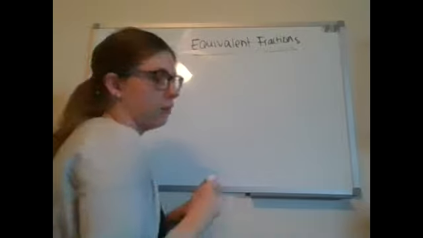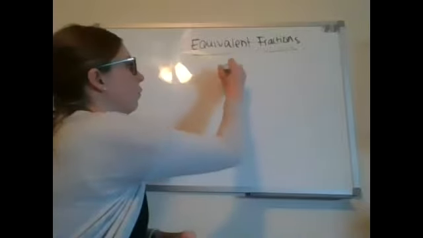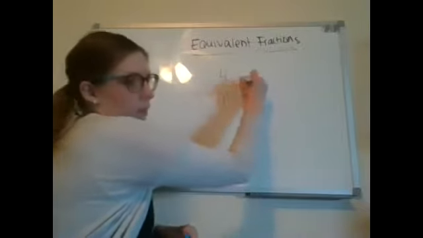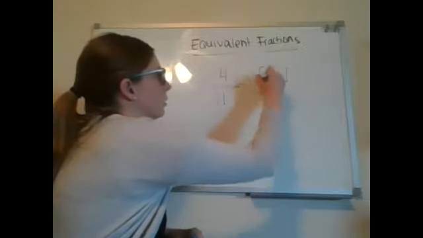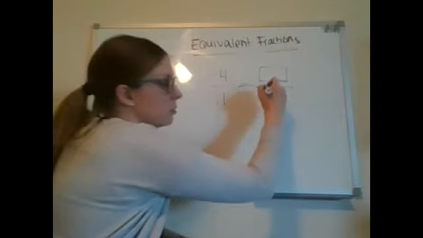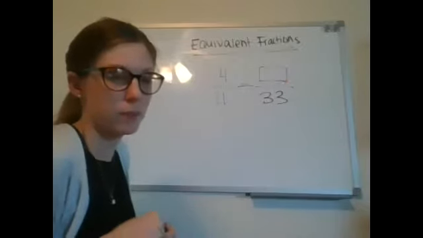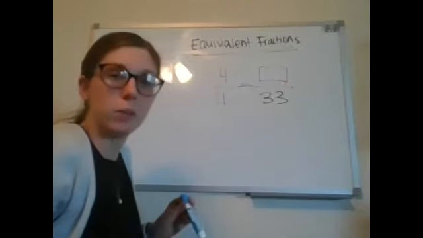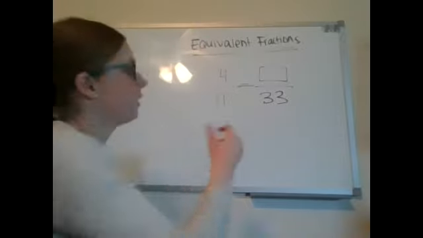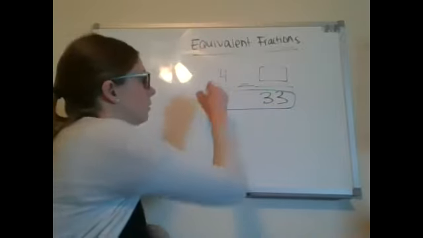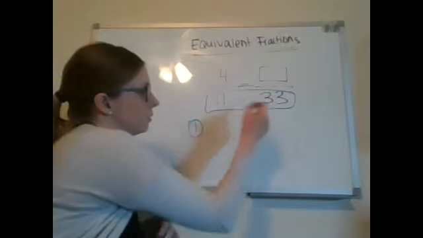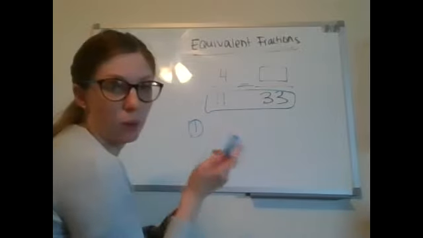Say I have 4 over 11 equals something over 33. So on this one, we're back to having both of the denominators. So the first step that we're going to do is work backwards to find out what we multiply by.